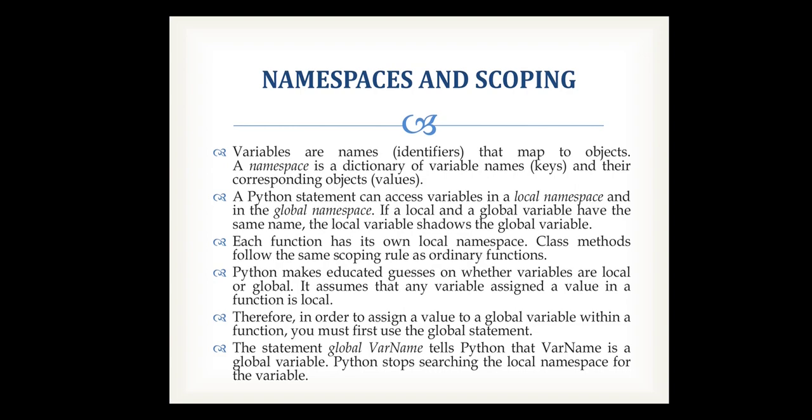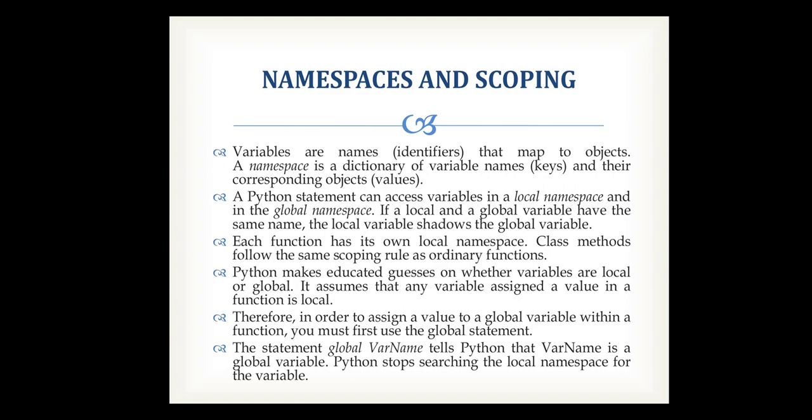Python makes educated guesses on whether variables are local or global. It assumes that any variable assigned a value in a function is local. Therefore, in order to assign a value to a global variable within a function, you must first use the global statement. The statement global VarName tells Python that VarName is a global variable.